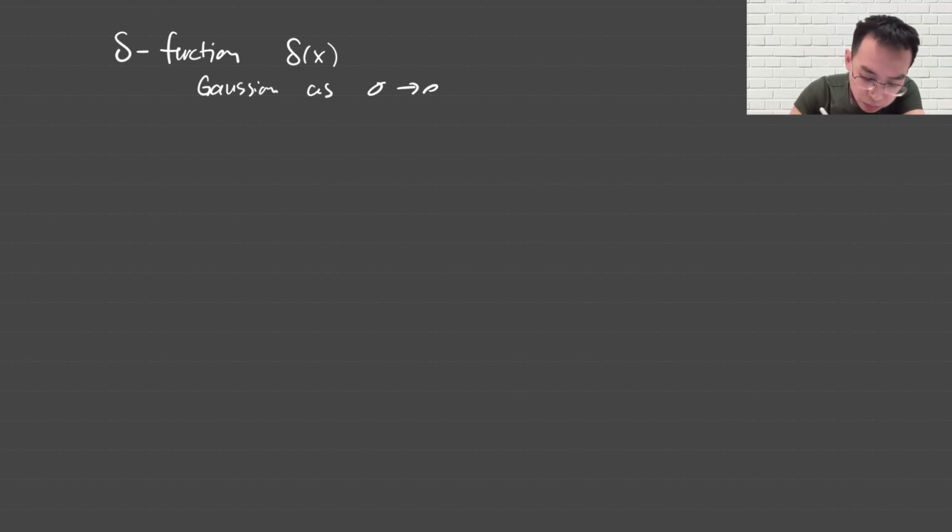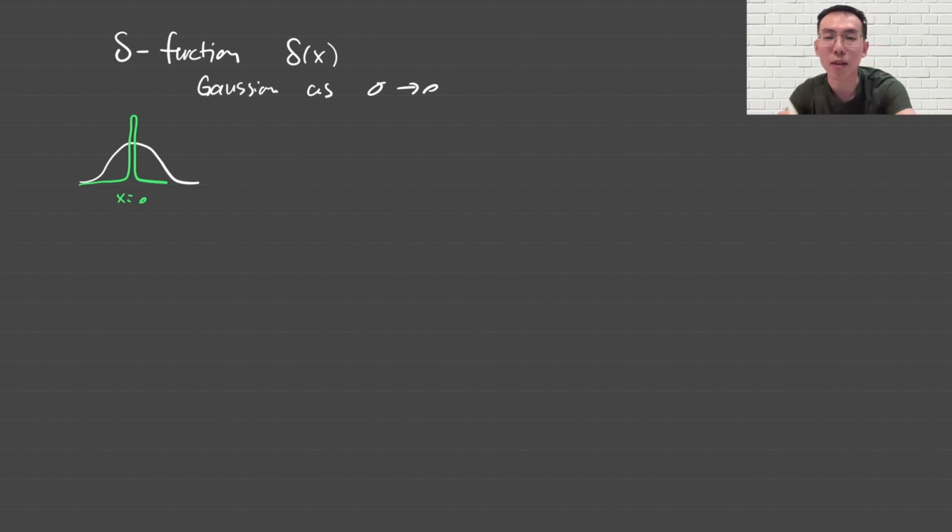Let me first draw a picture here. If this is our Gaussian distribution, when sigma goes to 0, we'll get a spike at exactly x equals 0, and we don't get any probability mass anywhere else.